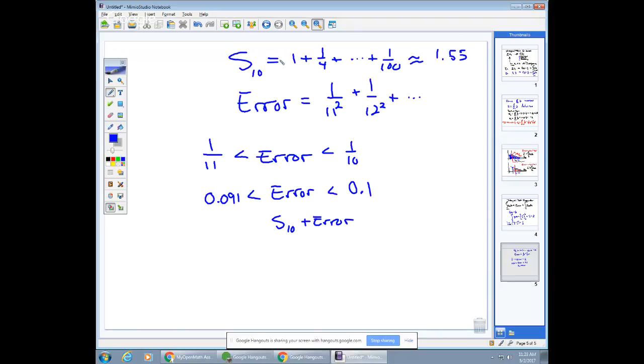I take the first 10 terms and add it to the rest of the terms. Don't I get the actual sum when I do that? Okay, so since I added S sub 10 to the middle here, I have to add it to both sides. So then it's about 1.55-ish. If I add that to this side, I'm going to get 1.65.